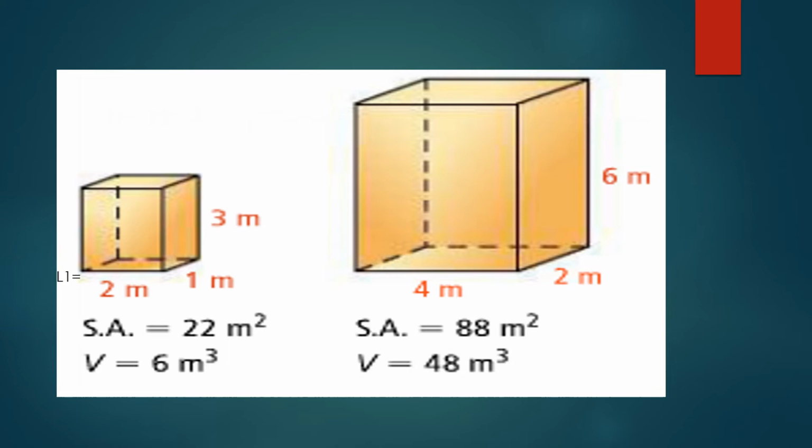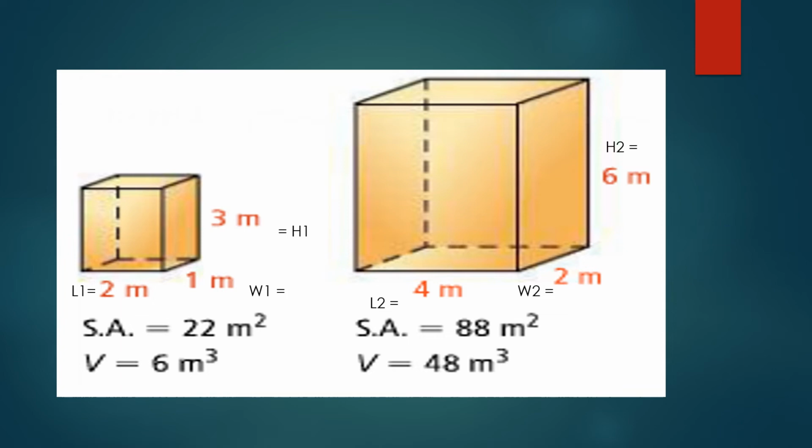See the first figure: its length L1 is 2 meters, its width W1 is 1 meter, and its height H1 is 3 meters. The second figure: its length is 4 meters, its width is 2 meters, and its height is 6 meters. If you compare L1 to L2, what is the scale factor?